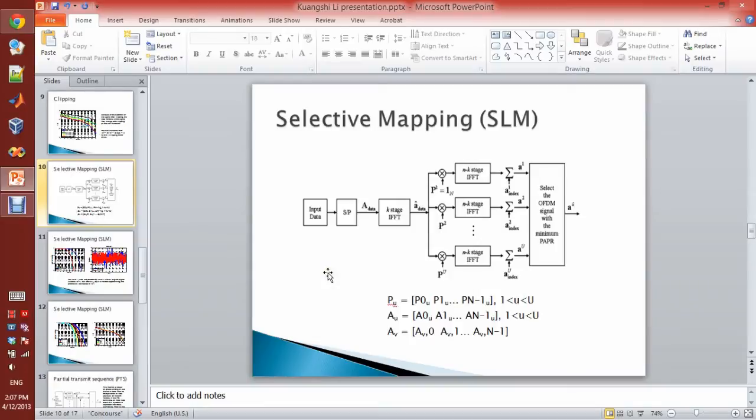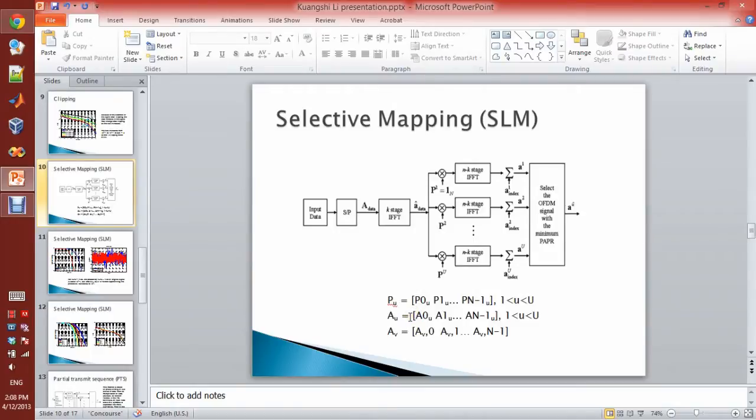This is the second method, selective mapping. The basic idea is to add some phase vector to the original signal and multiply.